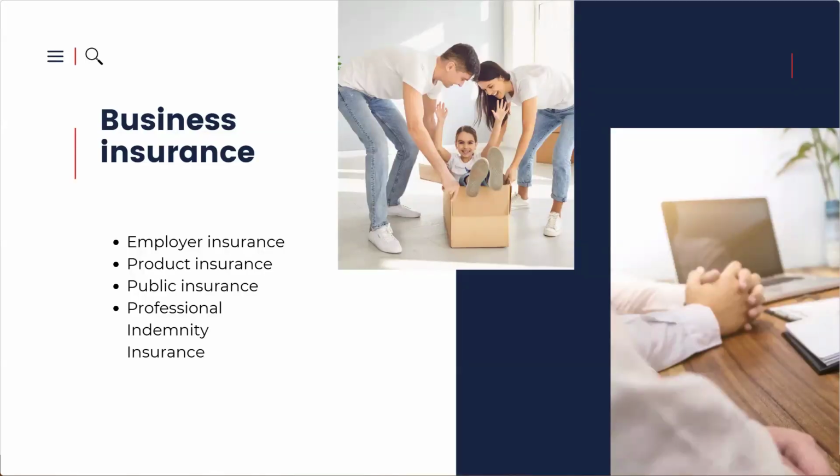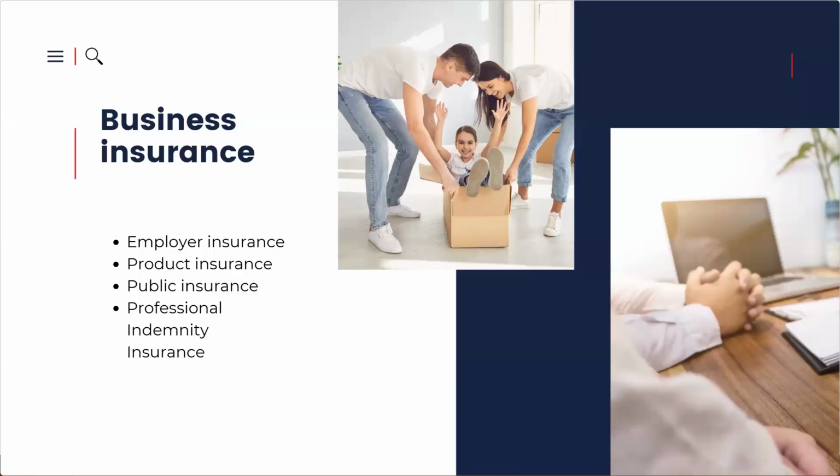Insurance is another clause that we may include in the contract. And we may require the supplier to provide the evidence of certain insurance, like employer insurance or product insurance or professional indemnity insurance. These kinds of insurance are applicable for the business and they protect the insured from certain risks.